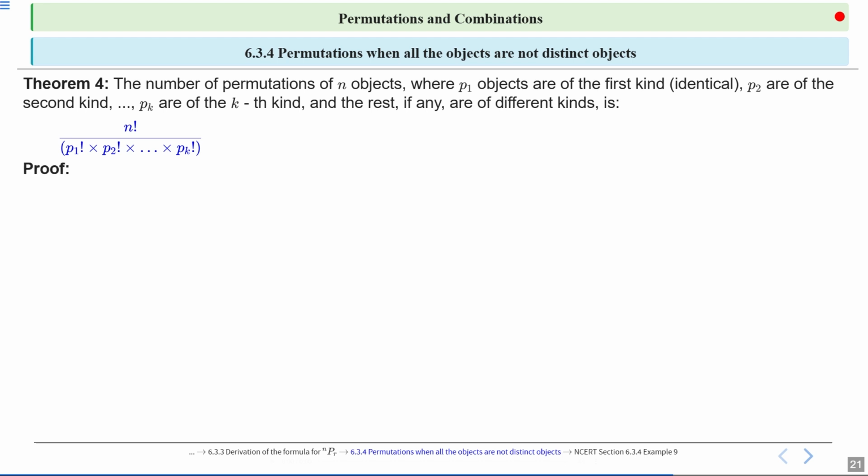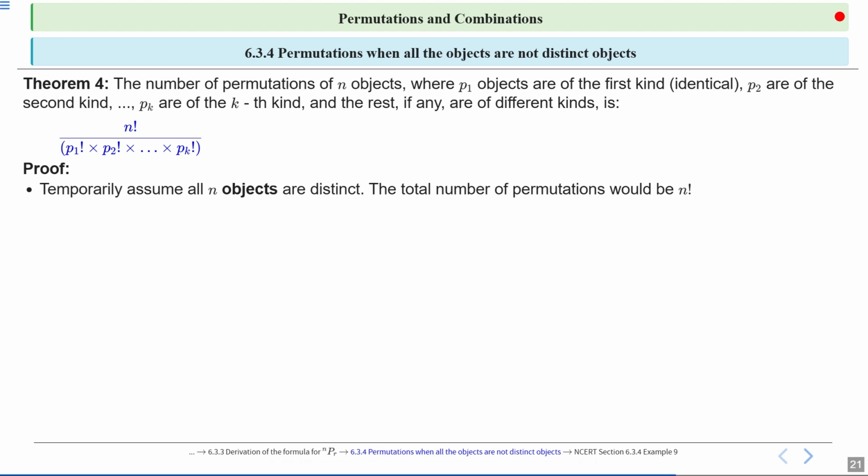Let's do the proof. First, let's assume all objects are distinct. If all objects were distinct, then the total number of permutations would be n factorial. Now consider p1 identical objects.